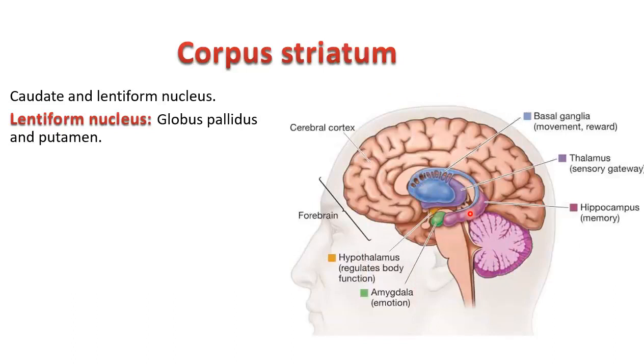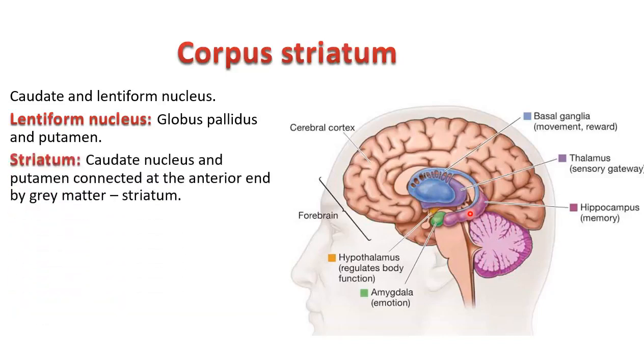Now, why it is called the corpus striatum: the anterior part of the caudate nucleus is connected to the lateral part of the lentiform nucleus, because they both form one single unit.